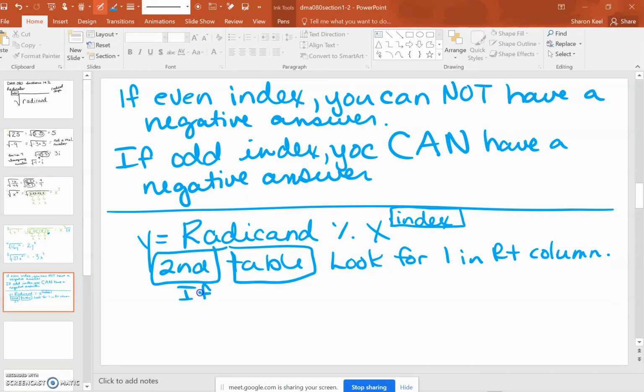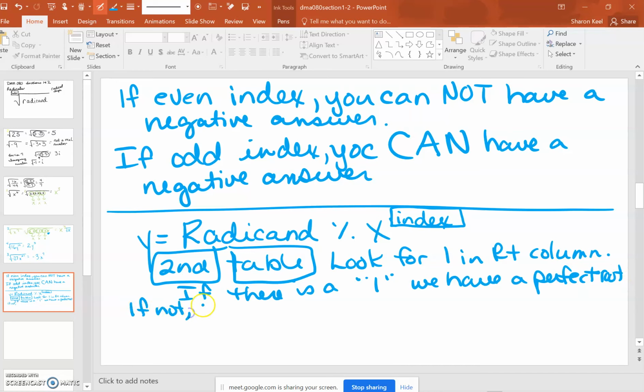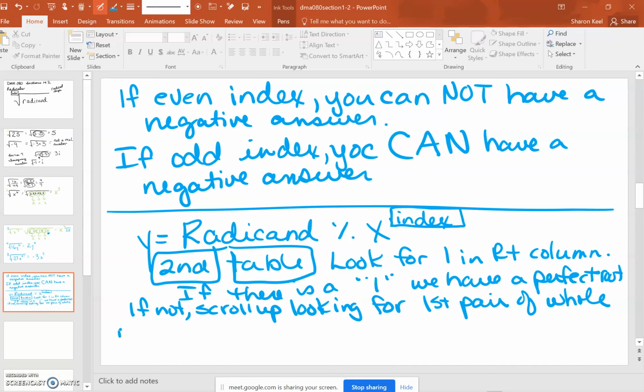If there is a 1, we have a perfect root, so that number comes out evenly. If not, we are going to scroll up looking for the first pair of whole numbers.